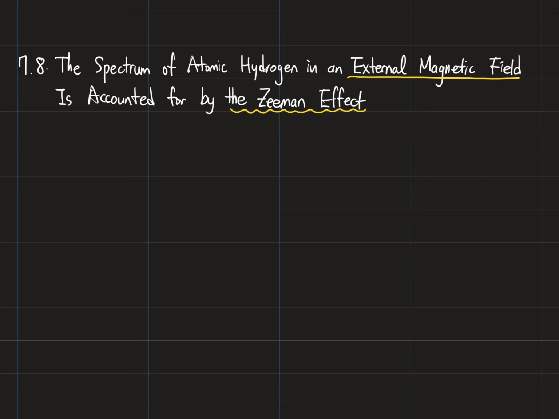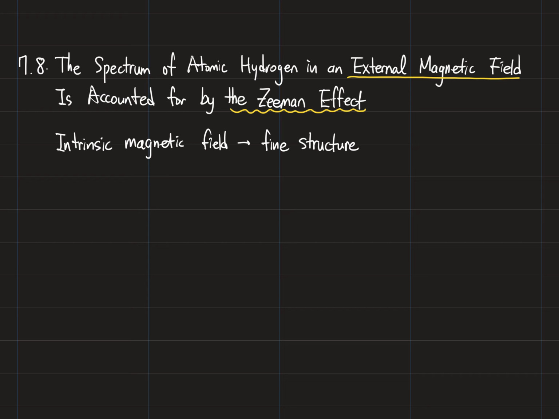We have already seen that the internal, intrinsic magnetic field of the atom, which means the coupling of the spin and the orbital angular momentum, results in fine structure. So we see that the transition from 2p to 1s is actually a doublet rather than a singlet.